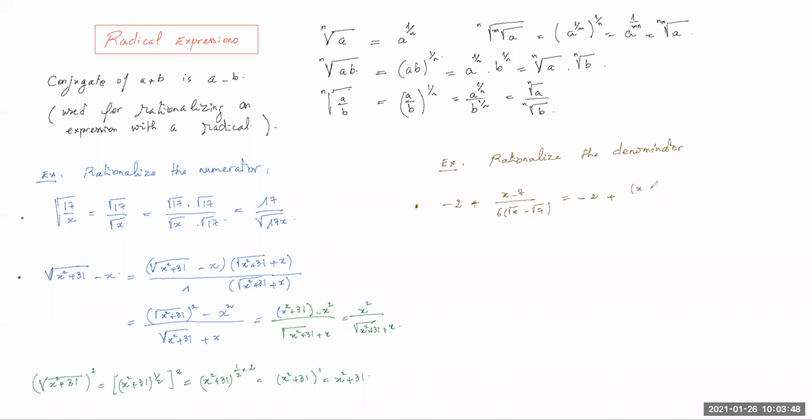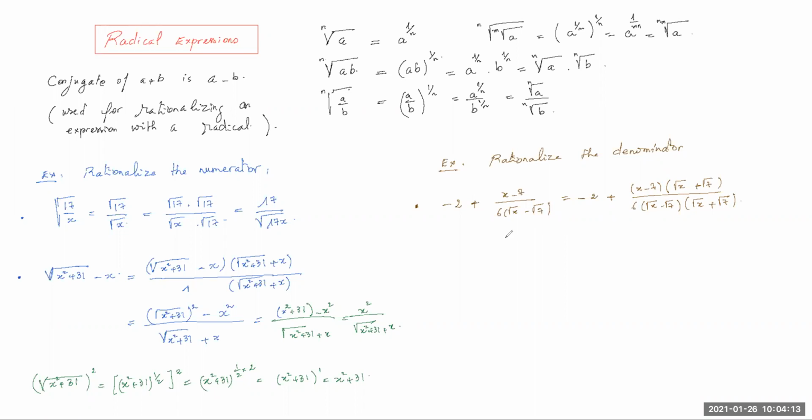So I will multiply by the conjugate of the denominator. The conjugate keeps the square root of x and changes the sign of the other term. So I keep 6 times the square root, and I multiply this term. I added this factor, so I need to do it in the numerator as well.